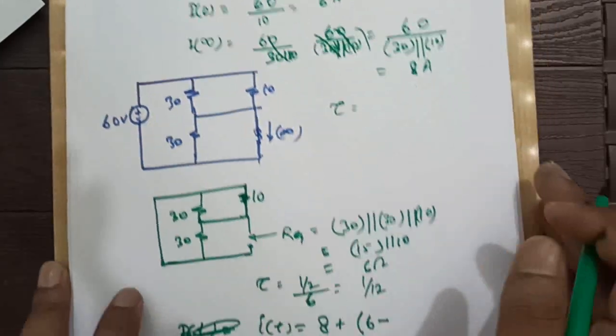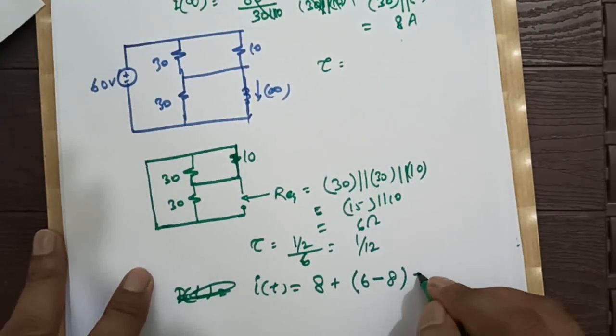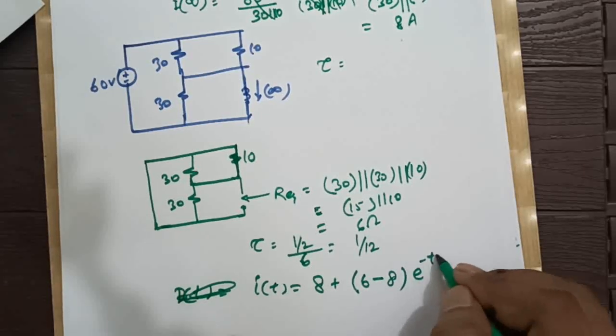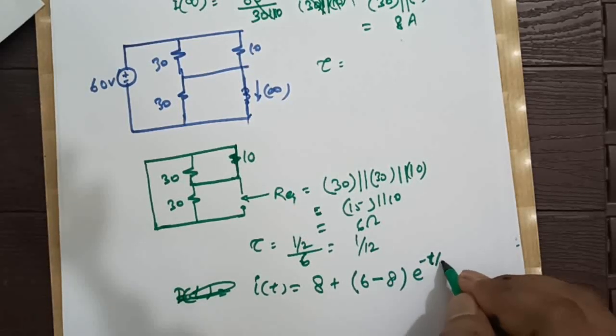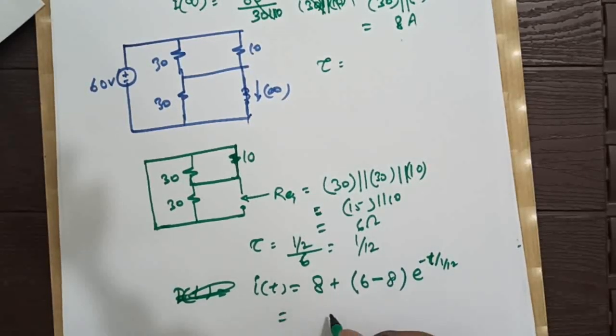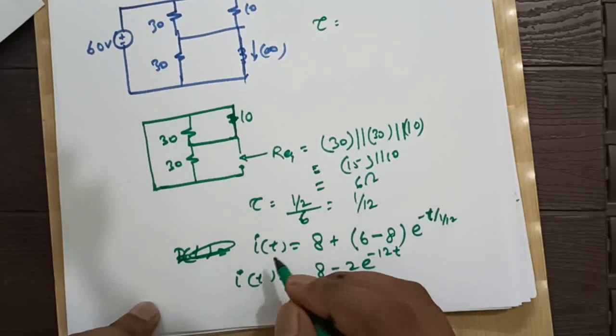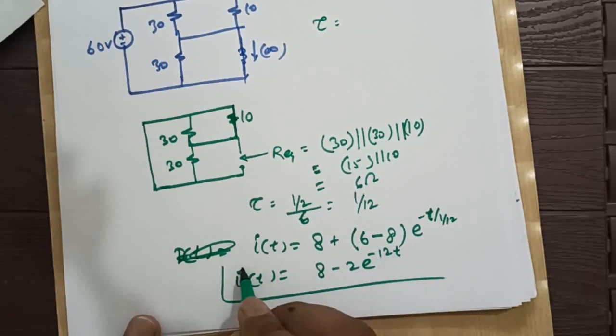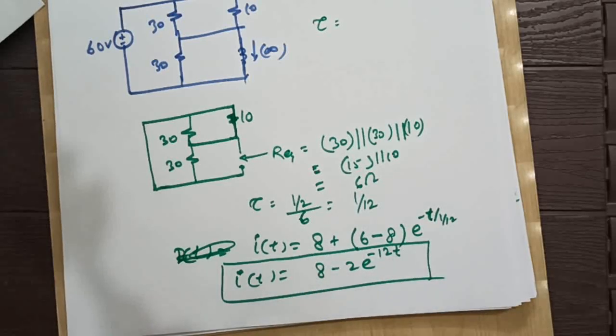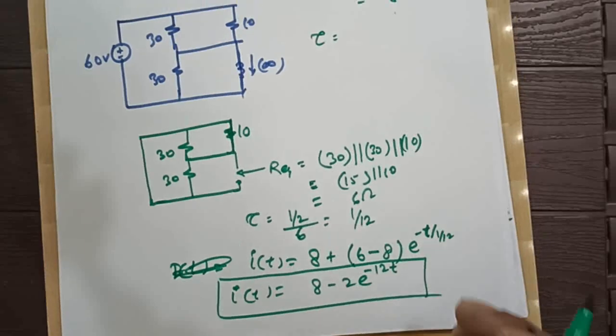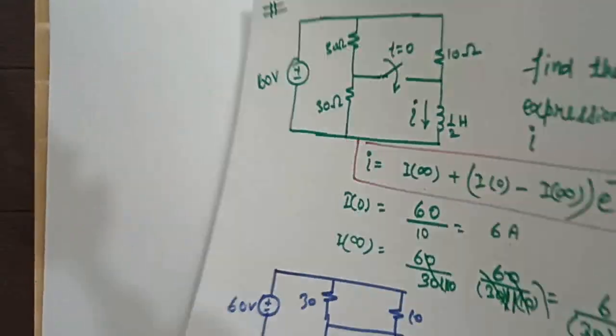Once again 8 ampere, multiplied by e to the power minus t by tau, means it will become 8 minus 2 e to the power minus 12t. This will be the expression for current. Clear?